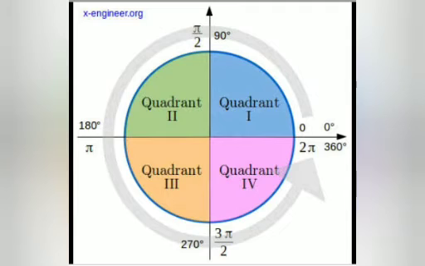Now, the coordinate axes divide the xy plane into four regions, and we call them quadrants. Taking in anti-clockwise direction, we name them first quadrant, second quadrant, third quadrant, and fourth quadrant.